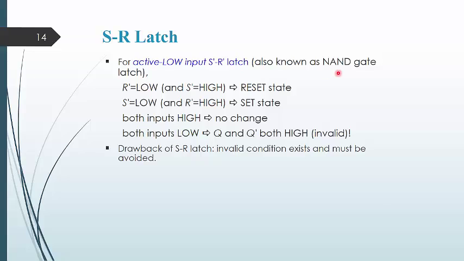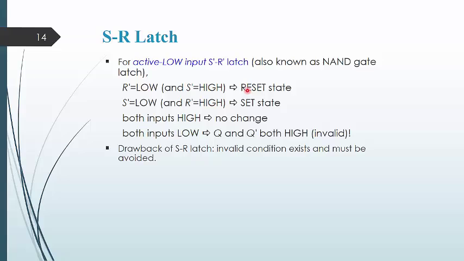And that's why, instead of R value 1 and S value 0, we now have the exactly opposite condition, that is R dash low and S dash high, which are the complements of the previous R and S values, for getting the reset state.